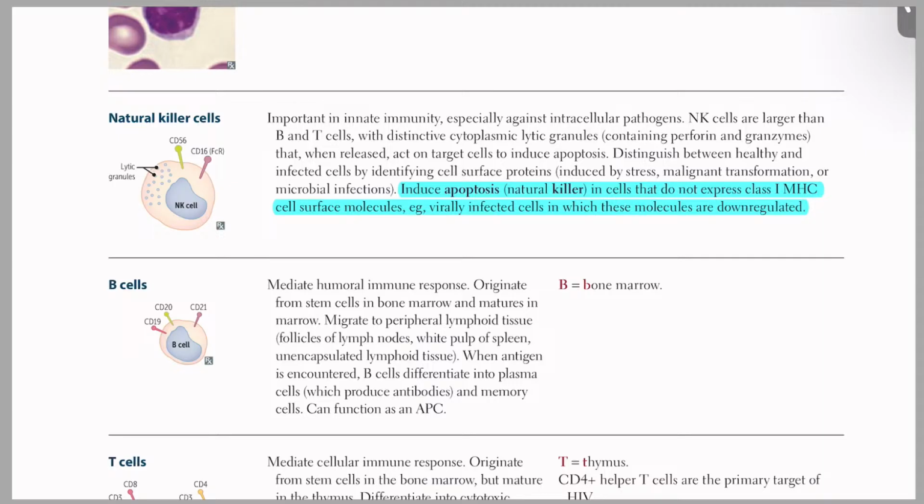Induce apoptosis in cells that do not express class 1 MHC cell surface molecules, that is, virally infected cells where these molecules are downregulated. Let's just see the diagram. Lytic granules, NK cells, CD56, CD16, FcR.